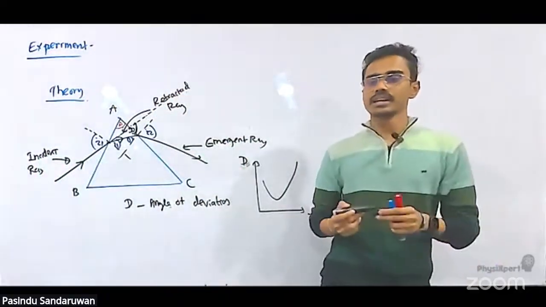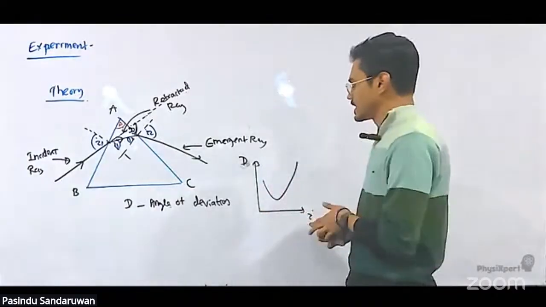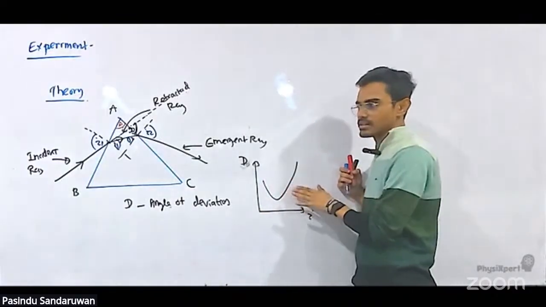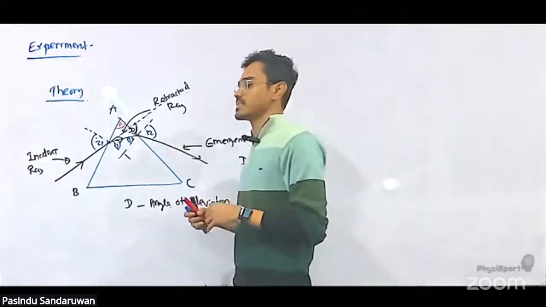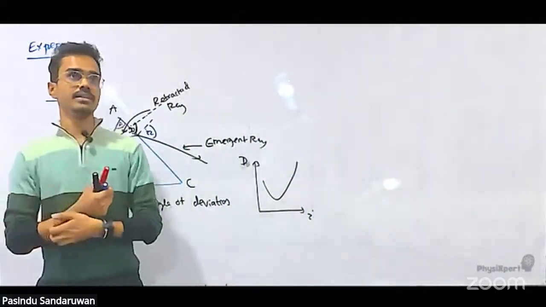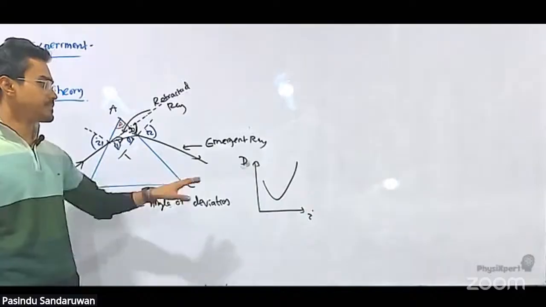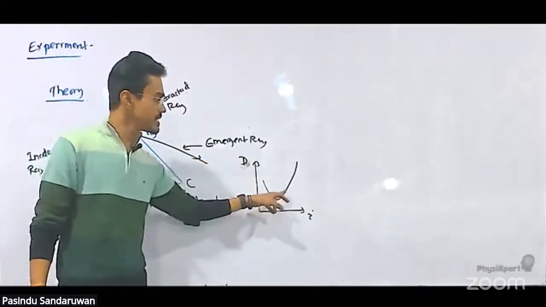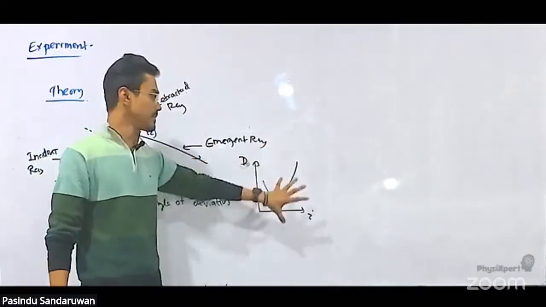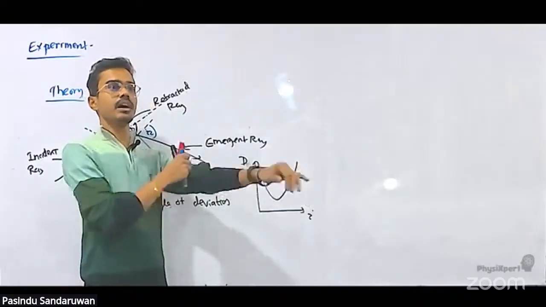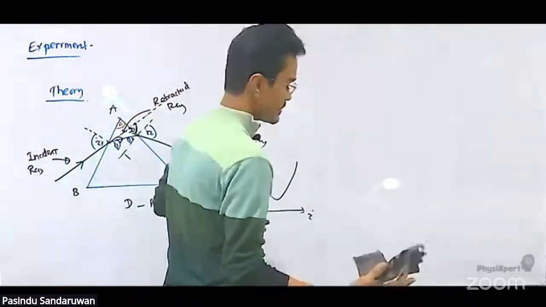In the theory, for the sake of doing questions and proofs, I gave you the graph. This is an experimental result that we will be conducting in the class. This is something we are going to verify.